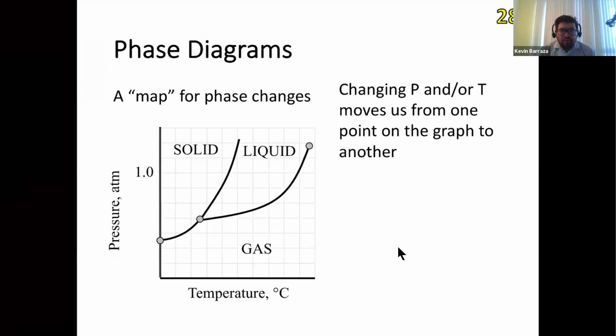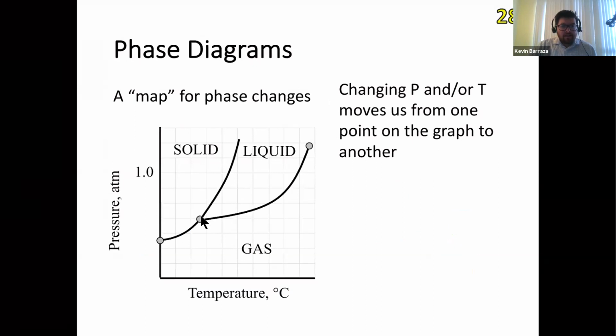But we'll focus on how pressure and temperature make the phases in what we call a phase diagram, or a map, I like to think of it, of the phases. It's broken into 3 segments that you see here. So we have the solid area, the liquid area, the gas area. All phase diagrams of pure substances look like this.